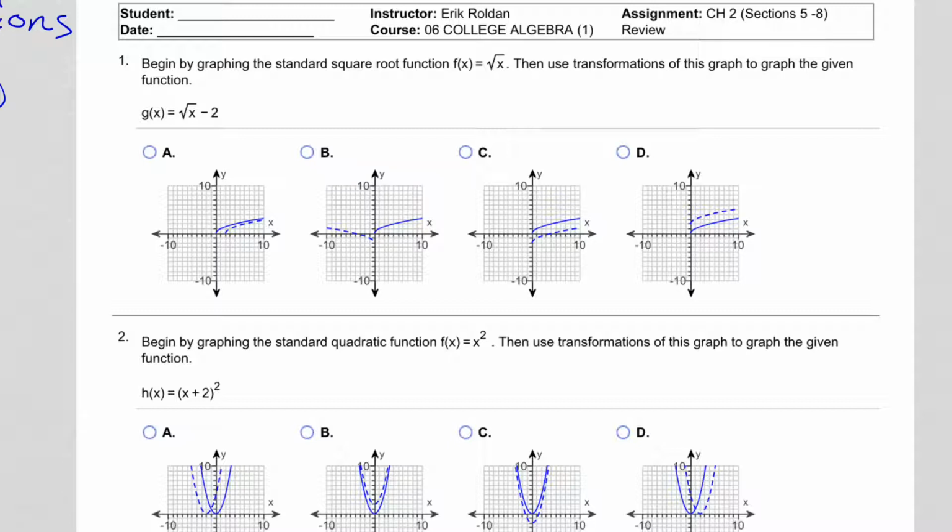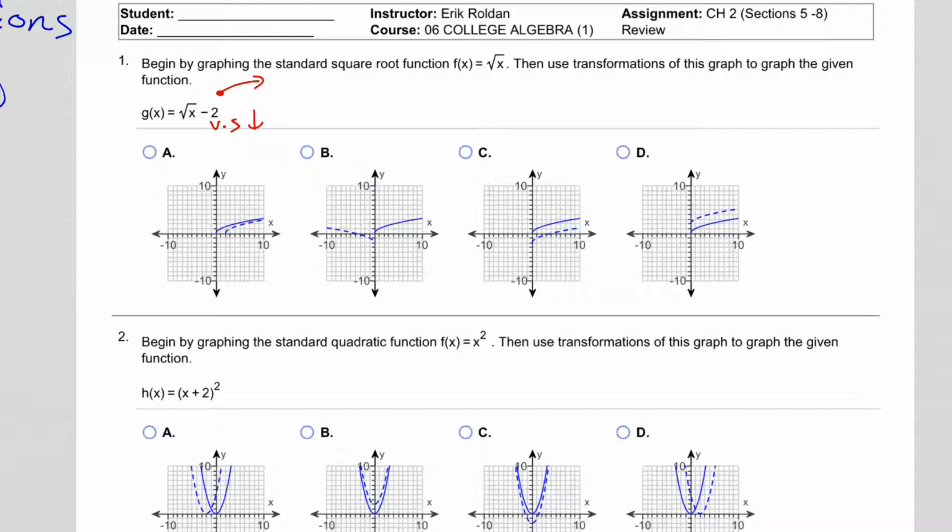All right, so number one, we see that this is on the outside of the function, of the grouping symbol. So this is a vertical shift, and it's negative, so it's down. And we know that our parent function for this guy looks like that.